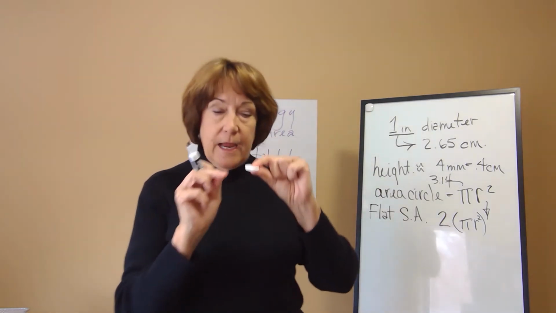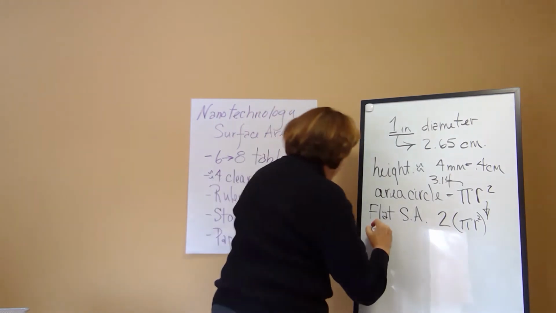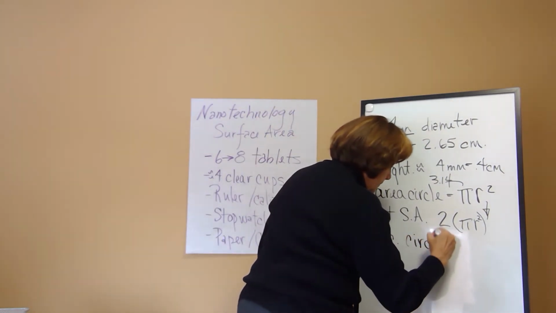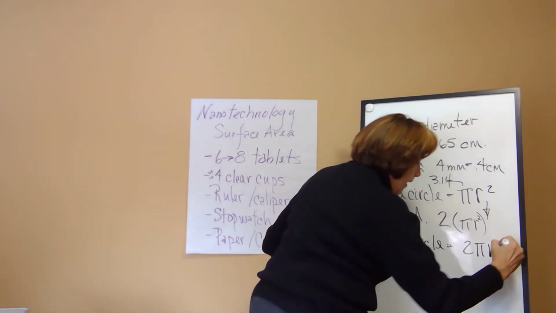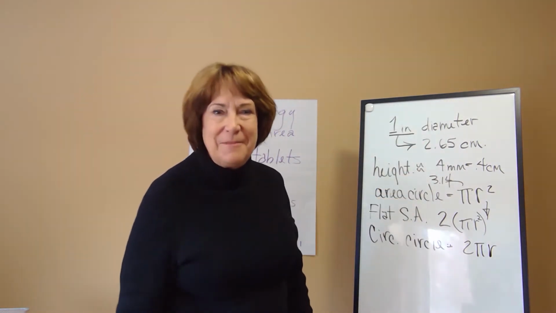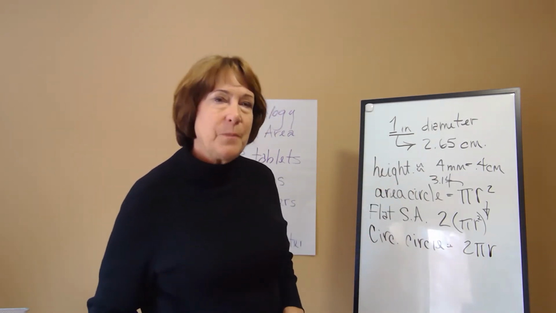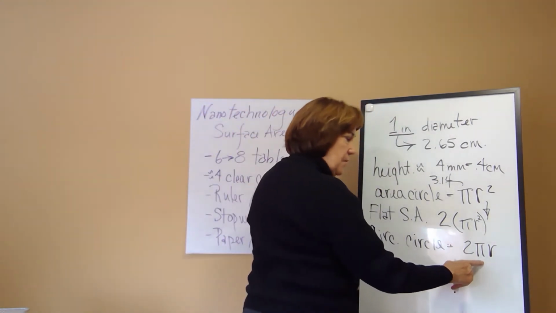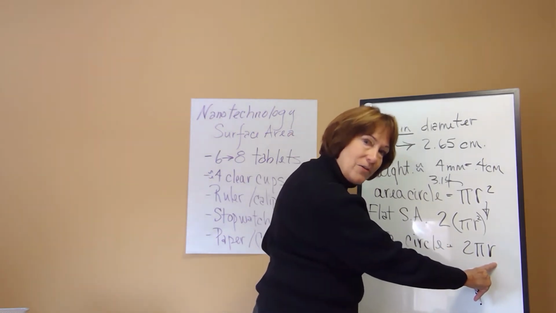Now, to get the area of the edge, we know that the circumference of a circle is 2 pi r. There's that pi number again, and you can spend a lot of time looking on Google and Wikipedia to figure out the history and the origins of pi. It actually goes back thousands of years. But again, we can use 3.14: 2 times 3.14 times r, the radius.